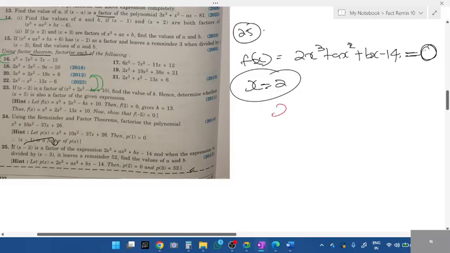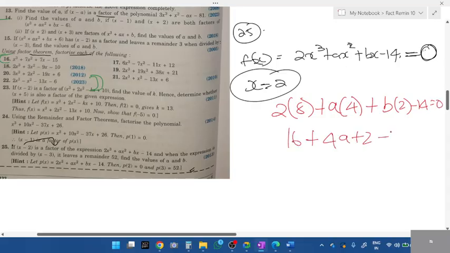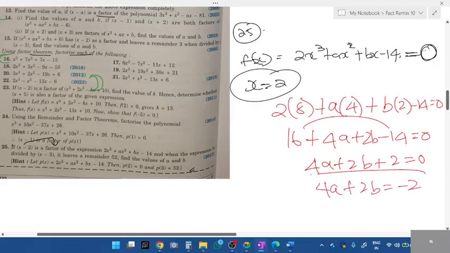I'll quickly solve. 2 into 8 plus A into 4 plus B into 2 minus 14 is equal to 0. 16 plus 4A plus 2B minus 14. 16 minus 14, you get 4A plus 2B plus 2 is equal to 0. This is one equation, students. 4A plus 2B is equal to minus 2, one equation.